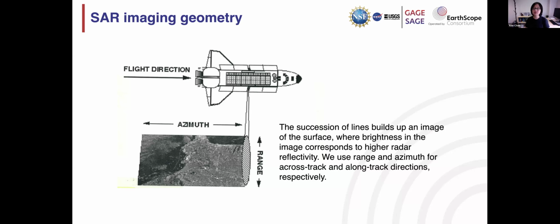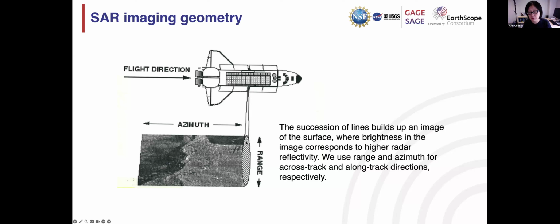You can imagine that at a given time, the radar satellite sends out a pulse that illuminates the ground. If you're shining a flashlight on the side, you illuminate a part of the ground, right? Based on antenna theory, you can calculate what the radar footprint looks like.